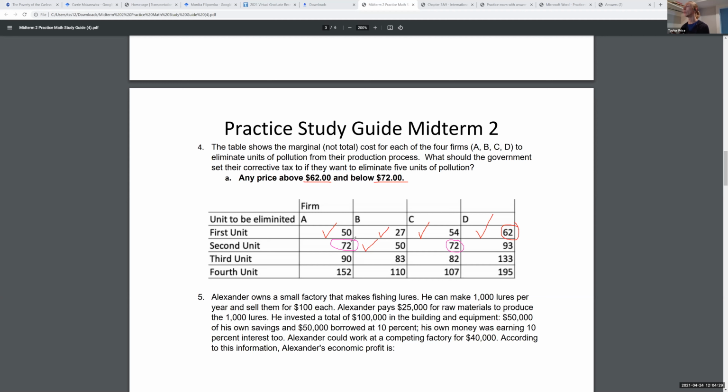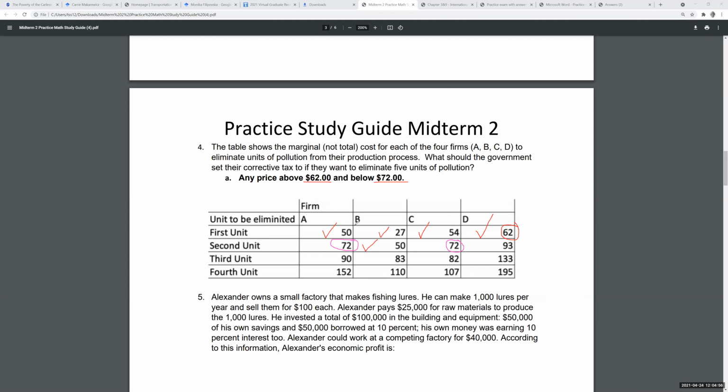So that's how you want to look at these questions. Basically, determine how much pollution you need to eliminate, and that's how you determine the price you can set. So for this one, it's going to be any price above 62, which is the 5th unit of pollution eliminated, and below 72, which is the next unit of pollution elimination.